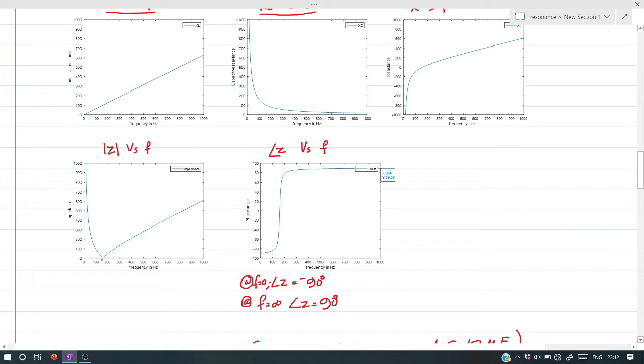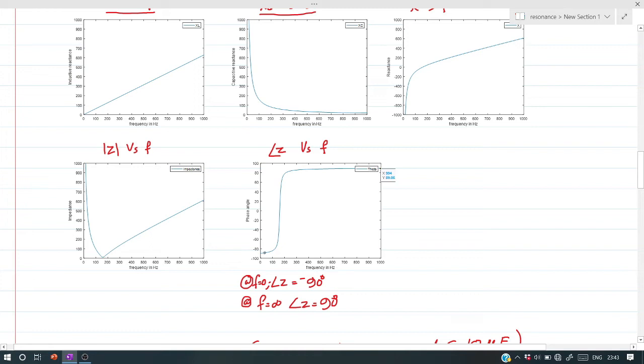After that, if we again increase the frequency, we can see that the magnitude of the impedance starts increasing again. So the region to the left of this resonance frequency is the capacitive region, and the region to the right of the resonance frequency is the inductive region. Under this condition, the circuit behaves as an inductive circuit.